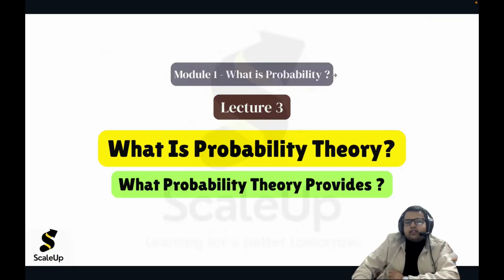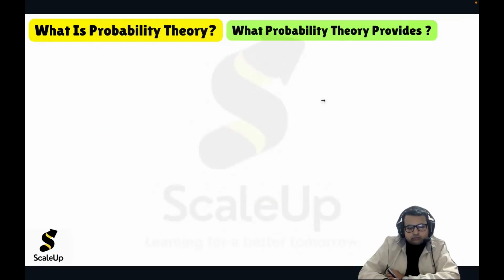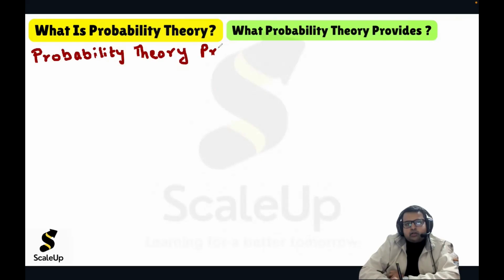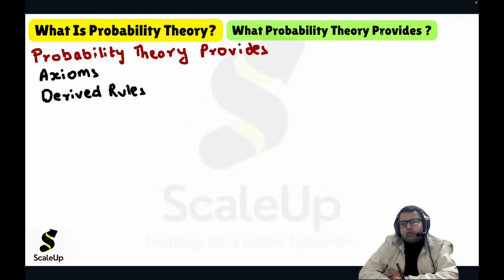Okay, now we'll look at the next topic of this lecture. What does probability theory provide? It provides axioms and derived rules. We already saw that probability theory is basically systematic rules. So they are axioms. And what are axioms?